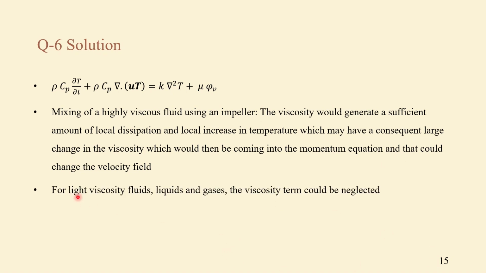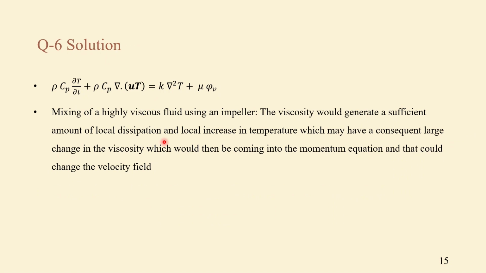But for low viscosity fluids, liquids and gases like water, the viscosity term could be neglected. When we are mixing such light viscous fluids, the viscous dissipation would be very low, so in those cases we can neglect the viscous term in the energy balance equation.